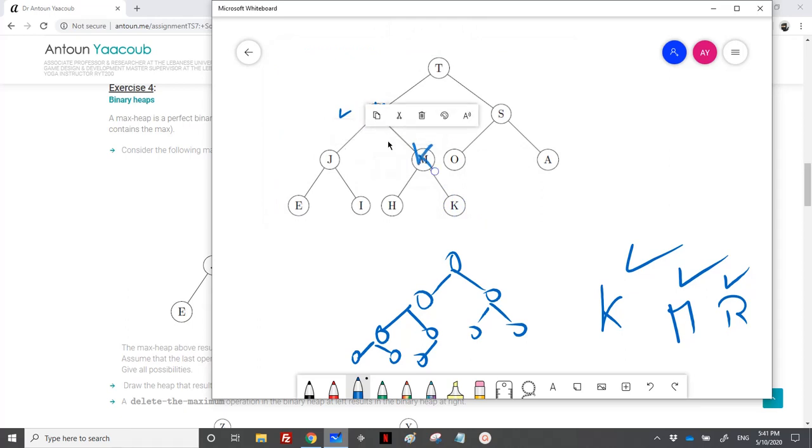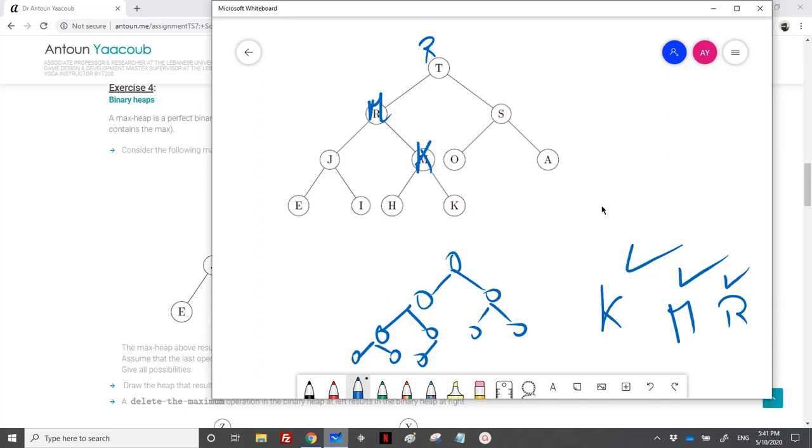If t is not here, then after percolating up, r should be here. This is the top element. However, we have m and k here.